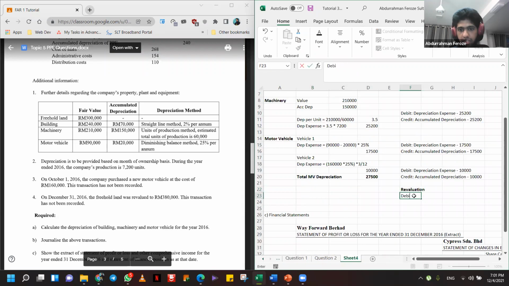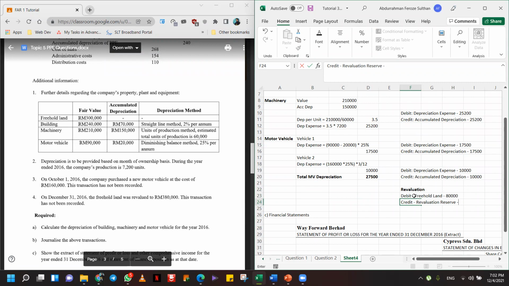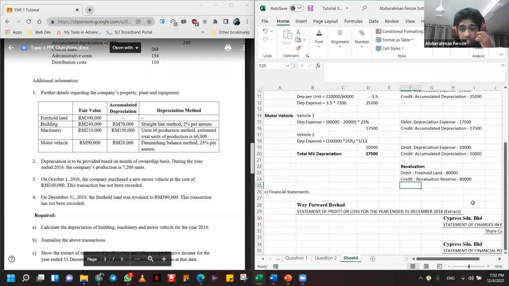So here you debit freehold land by 80,000, which is the difference, and you credit revaluation reserve by 80,000. So that is covered, right?